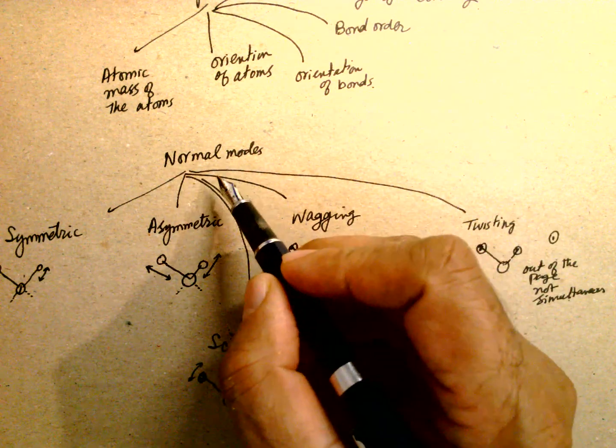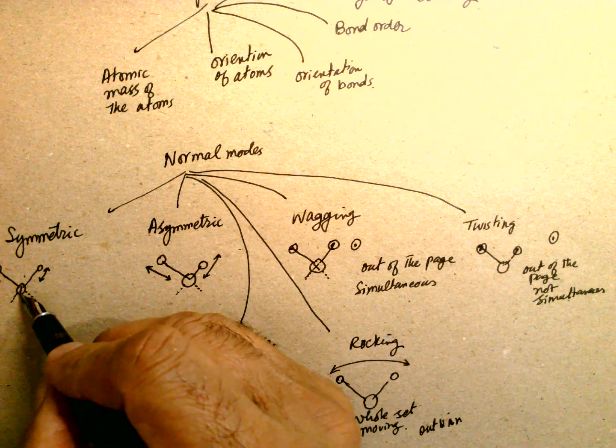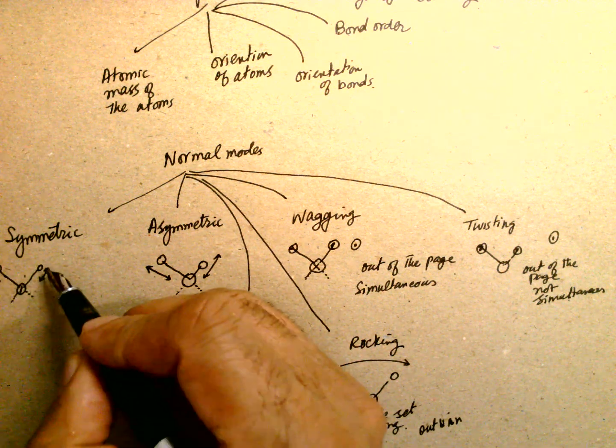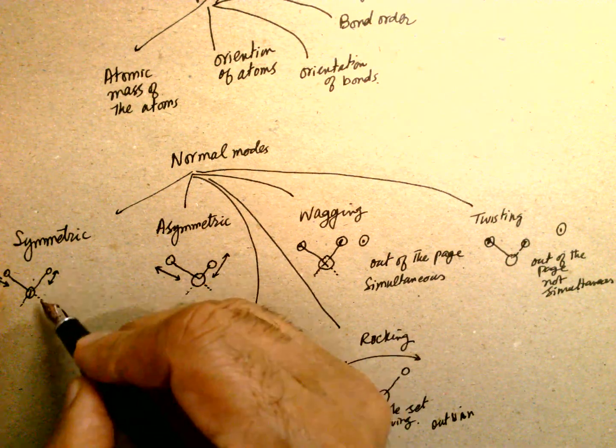There are different kinds of normal modes. In symmetric vibration, the two atoms move up and down simultaneously.